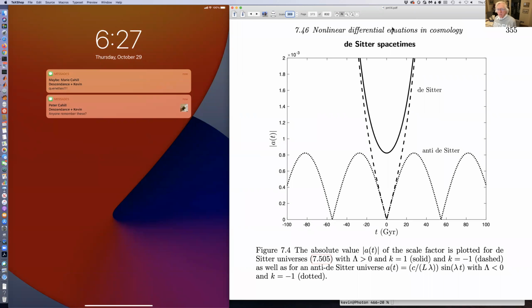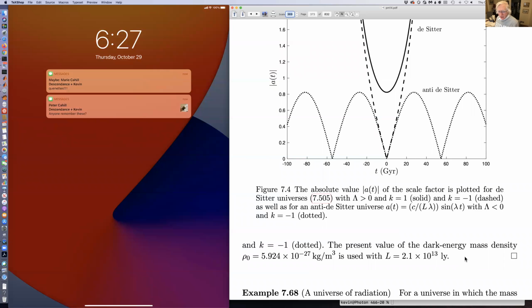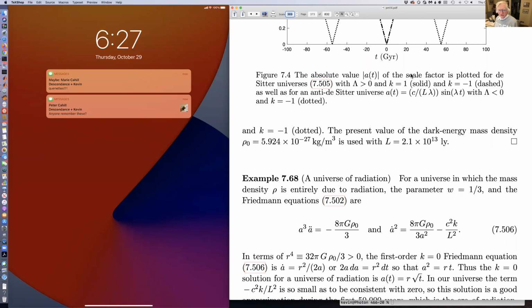So for the positive universe, the universe could have been collapsing at time 0. It then starts to expand. I've used different ks. k equal 1 is the closed universe. k equal -1 is an open universe. And so they behave differently like that.